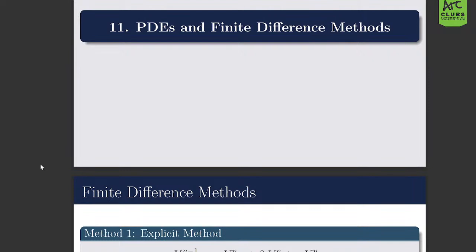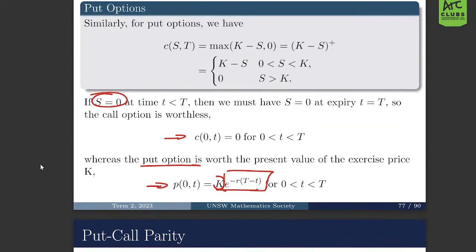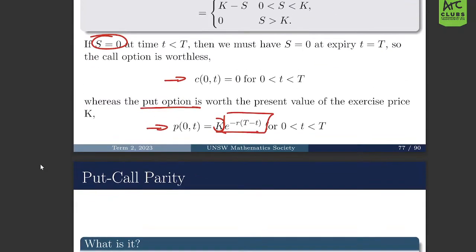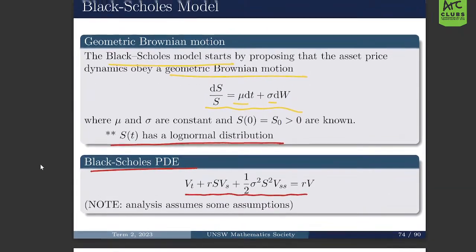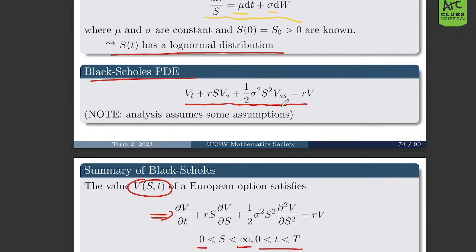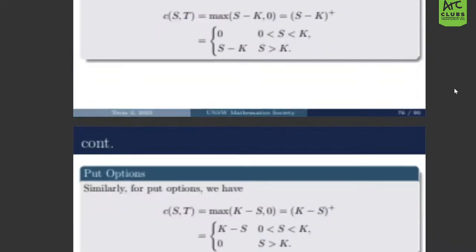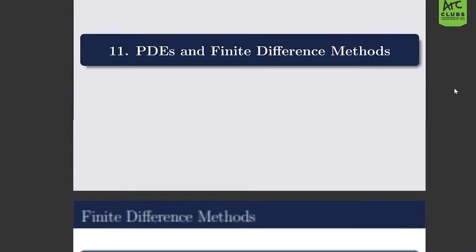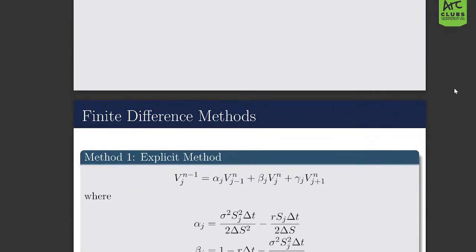So essentially this is just providing you with some methods, either explicit or implicit, to actually solve the Black-Scholes equation that we have covered just then. As you can see, the Black-Scholes PDE over here seems pretty complicated, and we didn't really do the derivation or how to actually solve this formula, and that's what topic 11 in short is doing for you. It gives you some explicit and implicit methods to solve the things.